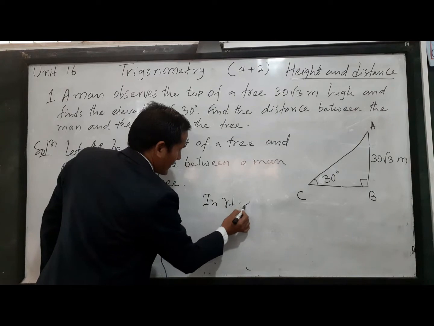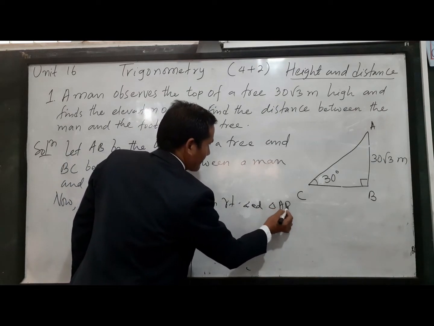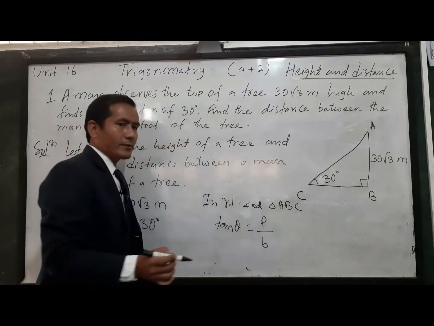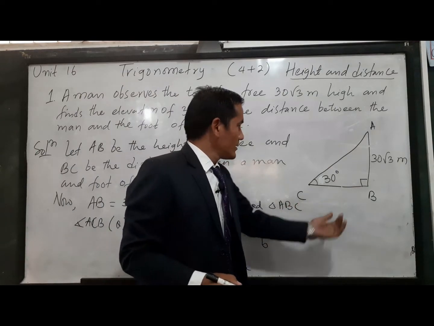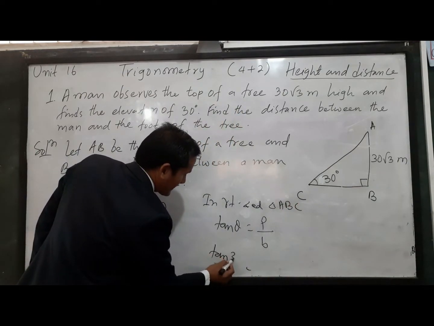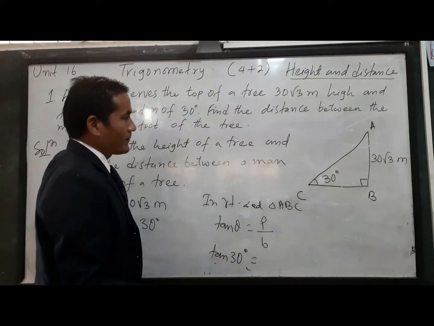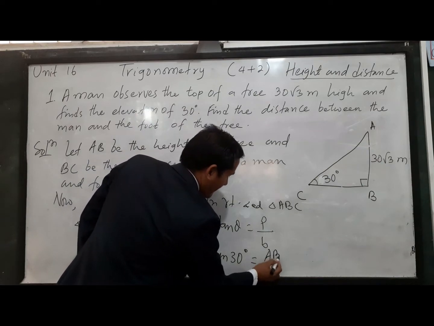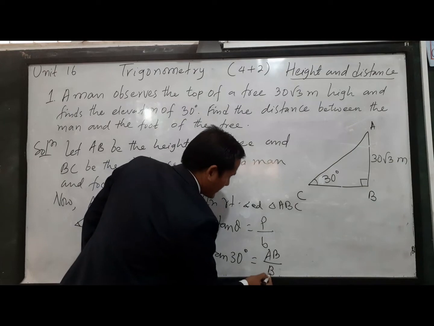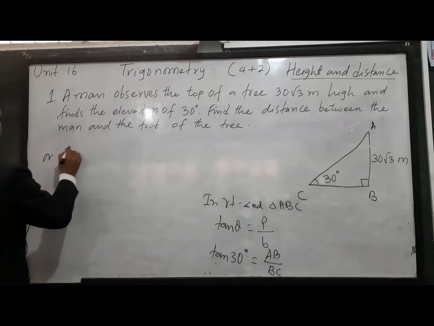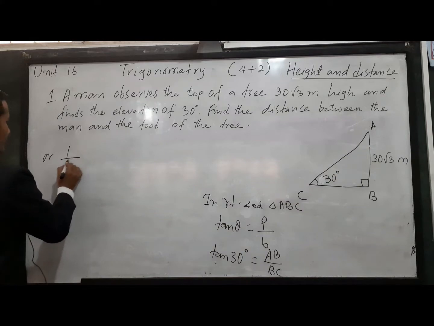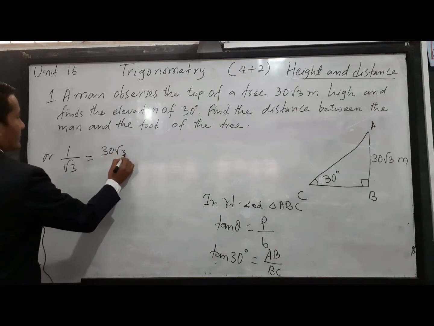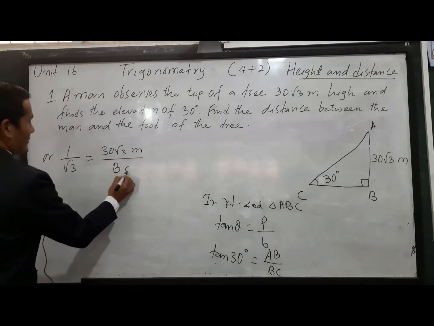In right angle triangle ABC, tan theta is equal to P by B, perpendicular by base. We have to find the base. So tan 30 degrees is equal to AB, the perpendicular, by BC, the base. Now put in the values. The value of tan 30 is 1 by root 3, equal to AB, which is 30 root 3 meters, by BC. BC we have to find.